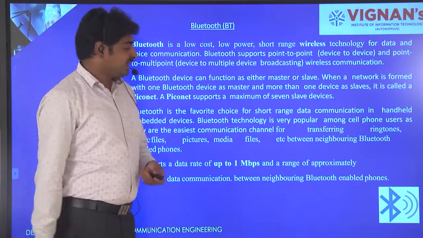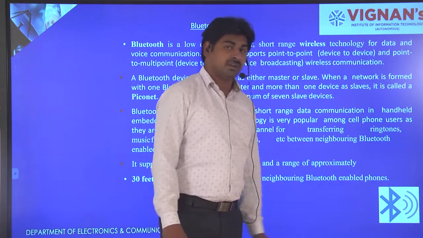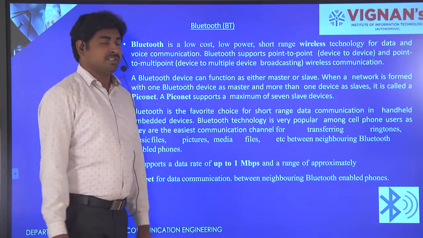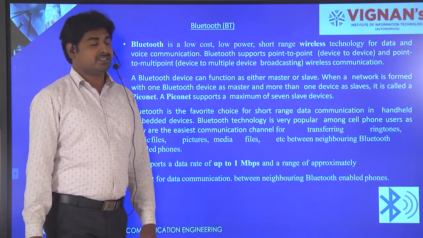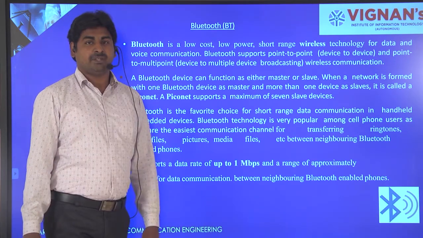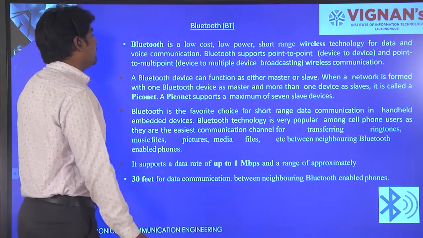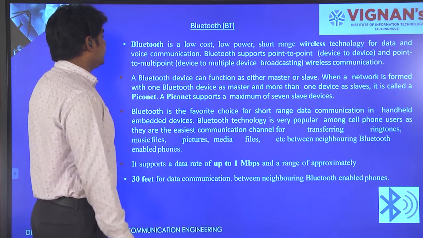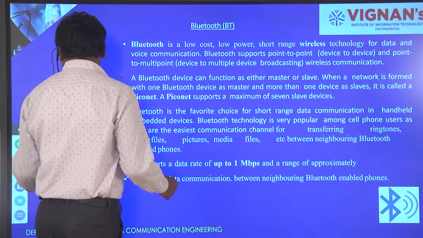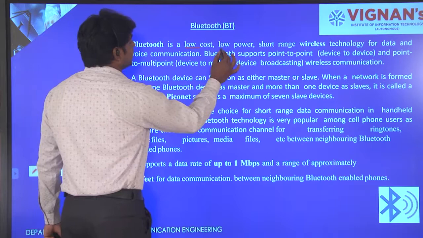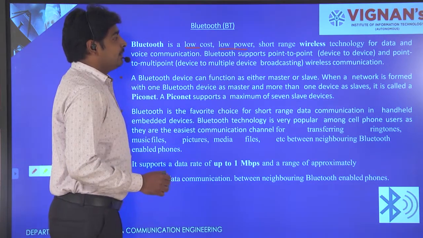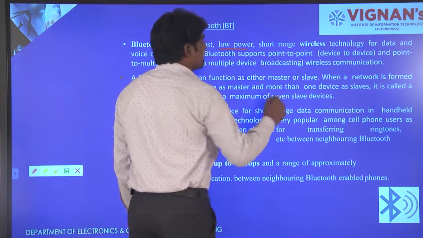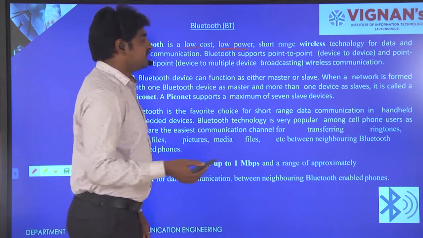Next, Bluetooth, and this is the symbol used to identify Bluetooth, which is very often used to transfer data between devices. The advantage of Bluetooth is that it is low cost and requires low power, but it cannot transmit data to larger distances.